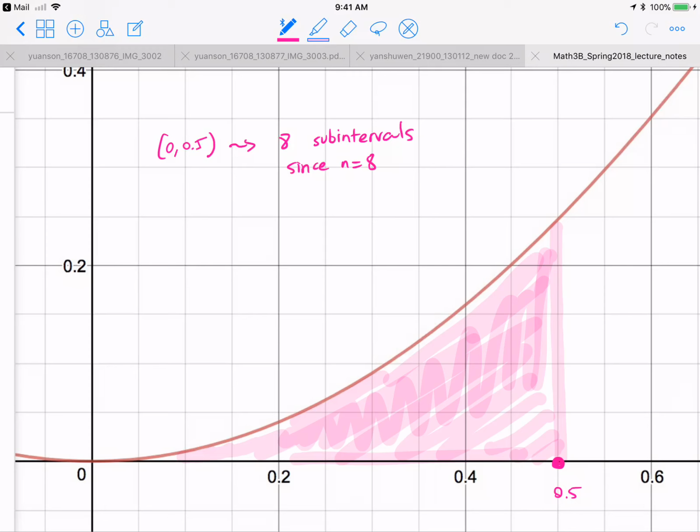Well, the whole interval is 0.5 or 1/2, so each subinterval needs to be an eighth of that, or 1/16. So how much is 0.5 divided by 8? 0.0625. All right, good.